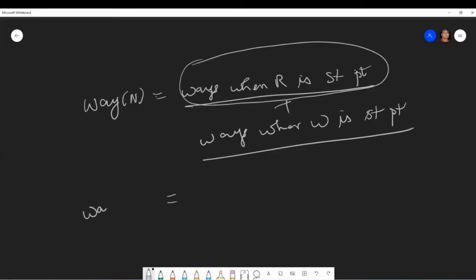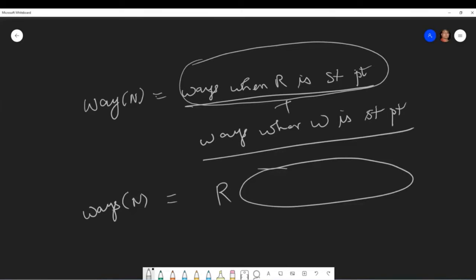For example, if I say ways of n is equal to, if R is the starting point, how many places are left now? If total places were n, how many places are left now? n minus 1. In those n minus 1, even if we ignore what we have filled, can we say it is the same problem?